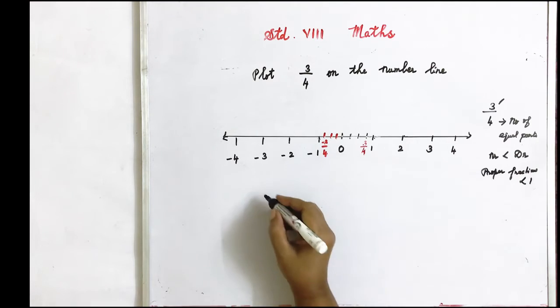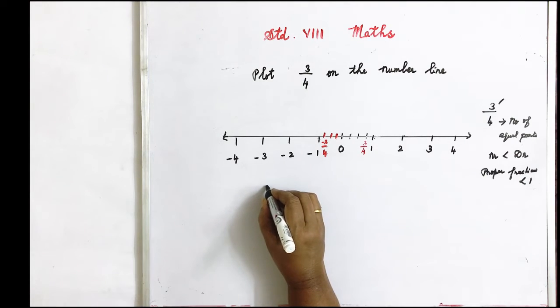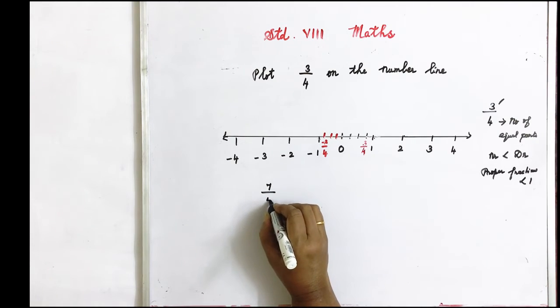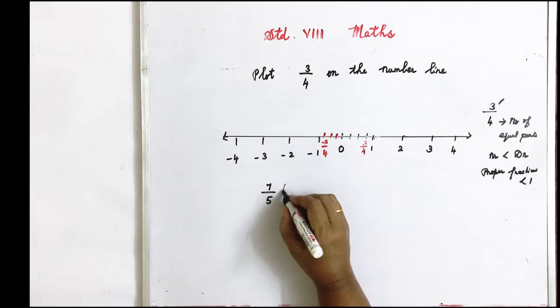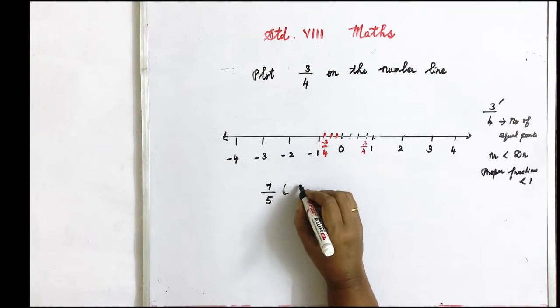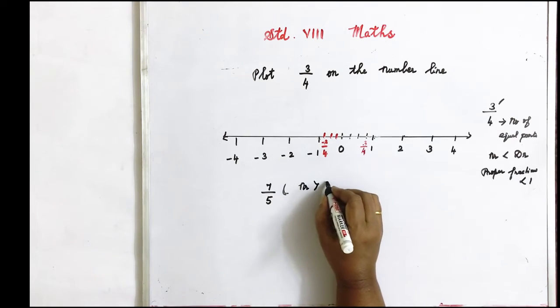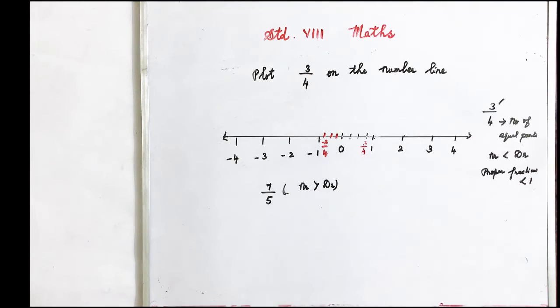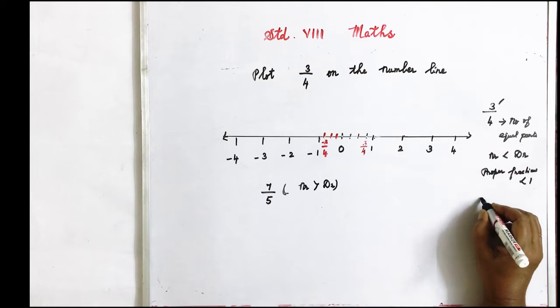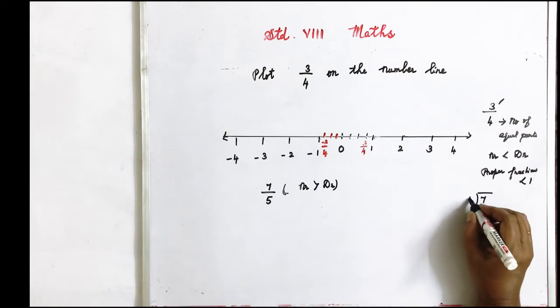Let us see the next sum now. 7 by 5. Now this is a case where the numerator is greater than the denominator. So first we should change it into a mixed number. How will you change into a mixed number? 7 we have to divide by 5.